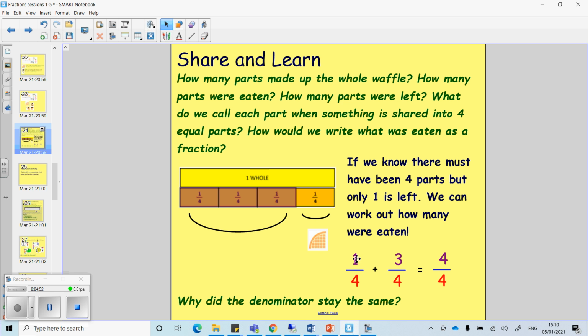The top number, our numerator, just tells us how many of those 4 equal parts are eaten or are left over. So 1 out of 4 add 3 out of 4 equals, or is the same as, 4 parts, 4 equal parts out of 4. And we can see that here in our lovely fraction wall.